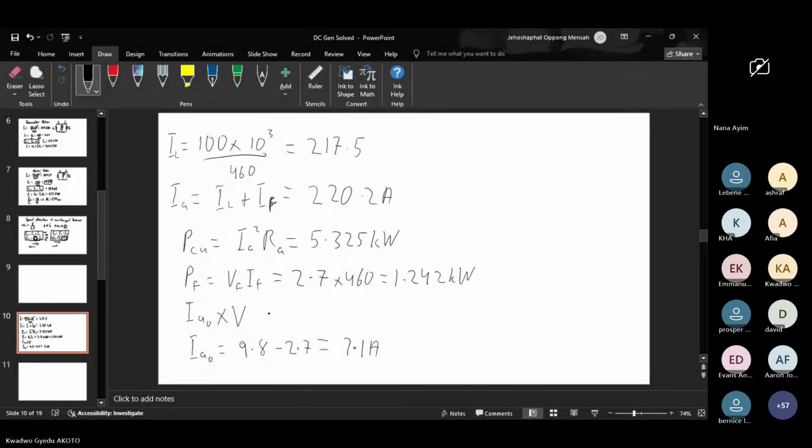So no load armature core losses is now going to be 7.1 times 460, which is equal to 3.265 kilowatts, right?